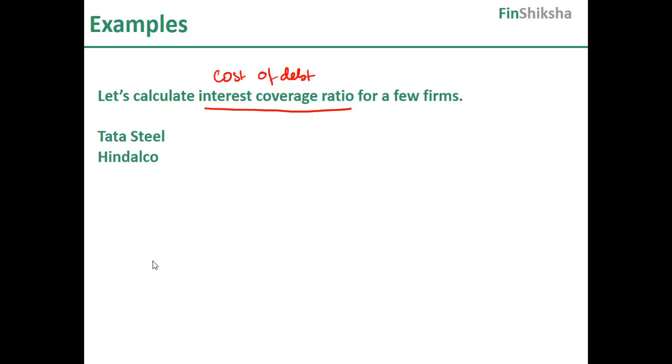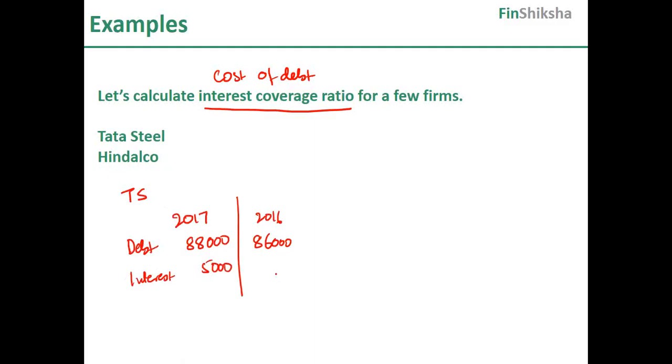Let's note it down. So when we look at Tata Steel for 2017, we are saying debt is about 88,000 crore. 2016, this is about 86,000 crore. The interest or finance cost that they have paid this year is about 5,000 crore. Last year is about 4,200 crore approximately.